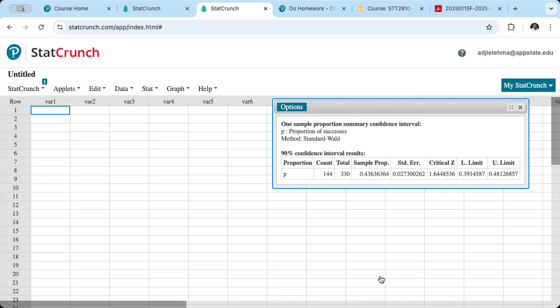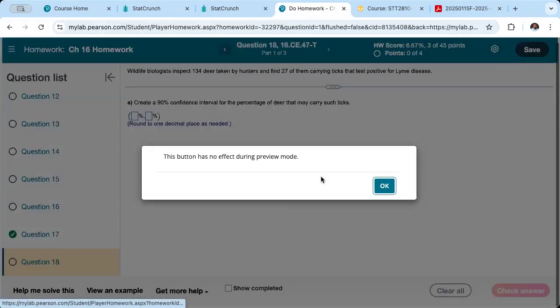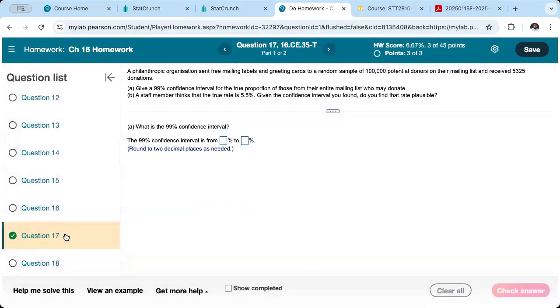I want you to open chapter 16 homework. Let's get to 17. So when we are at 17, spend time to read.